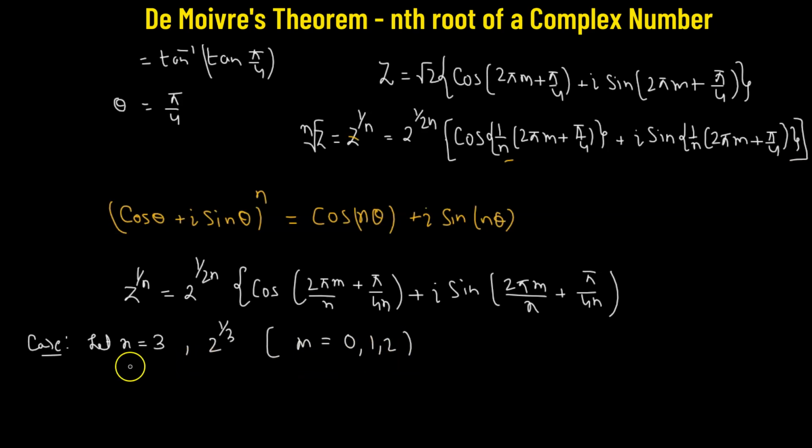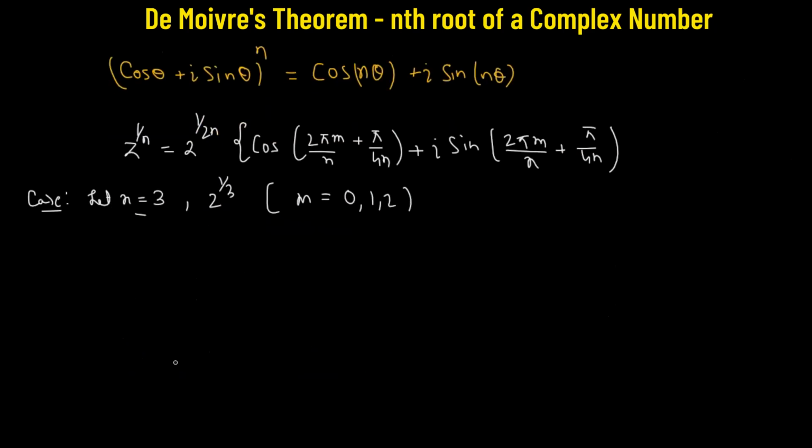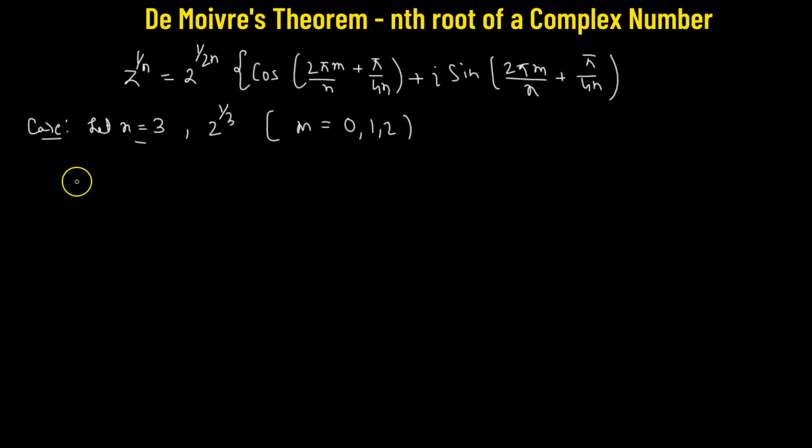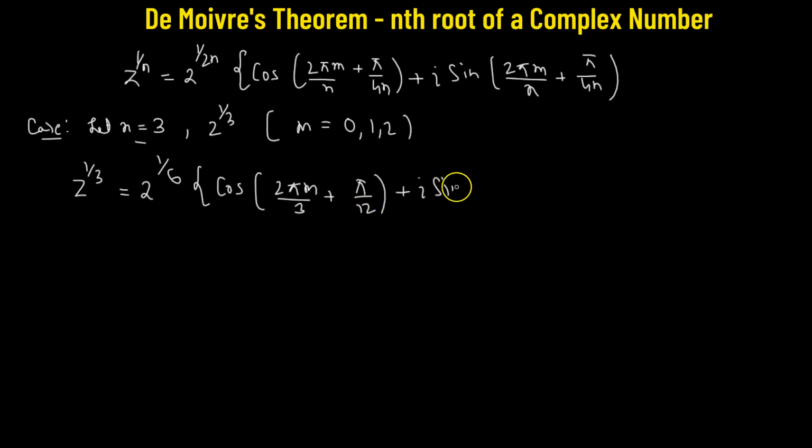Using n equals 3, we have z raised to the power of 1/3 equal to 2 raised to the power of 1/6 multiplied by cosine of 2 pi m over 3 plus pi over 12, plus iota times sine of 2 pi m over 3 plus pi over 12.